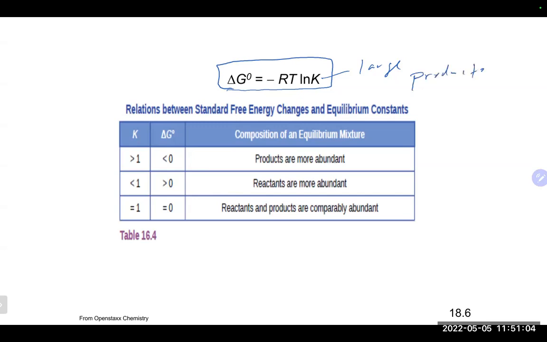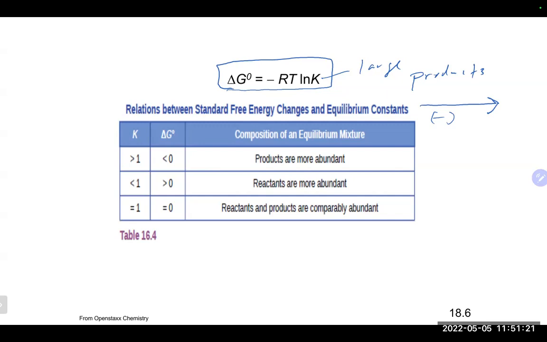And the only way to get the products is to head towards the product side, going from reactants to products, which means typically our delta G here would be negative, as the reaction is written to head towards the product side.